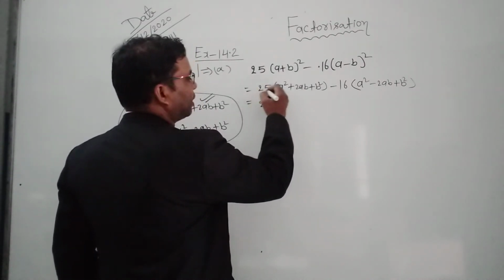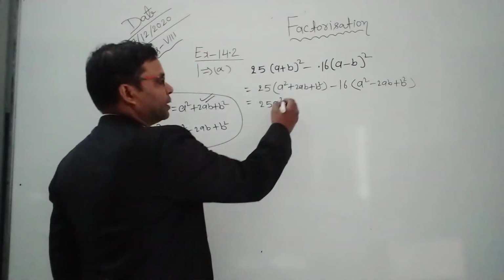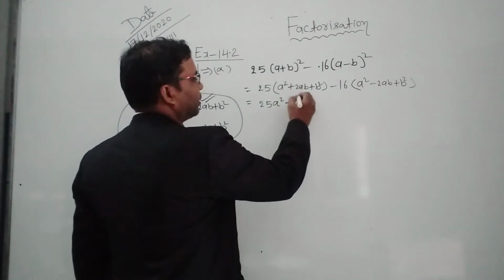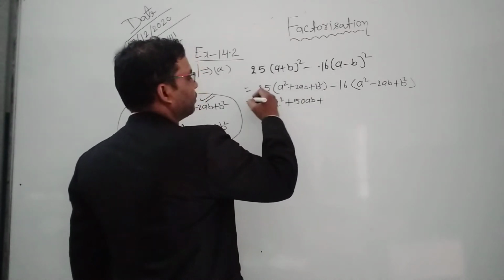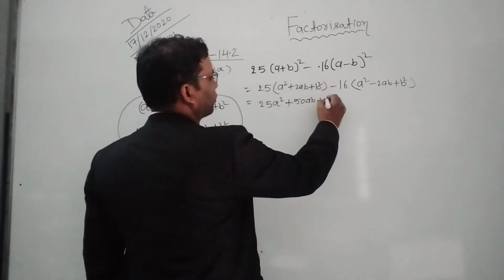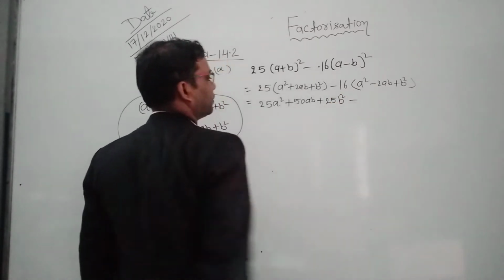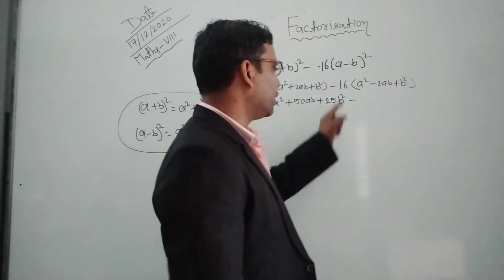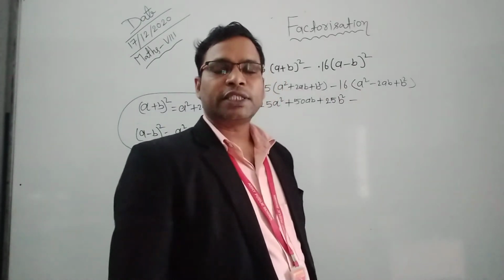Okay, 25 into 8 is equal to 25 a square plus 25 into 50 ab plus 25 into b square, which is equal to 25 b square minus. Here you can see minus 16 into a square is positive and minus 16 is negative.